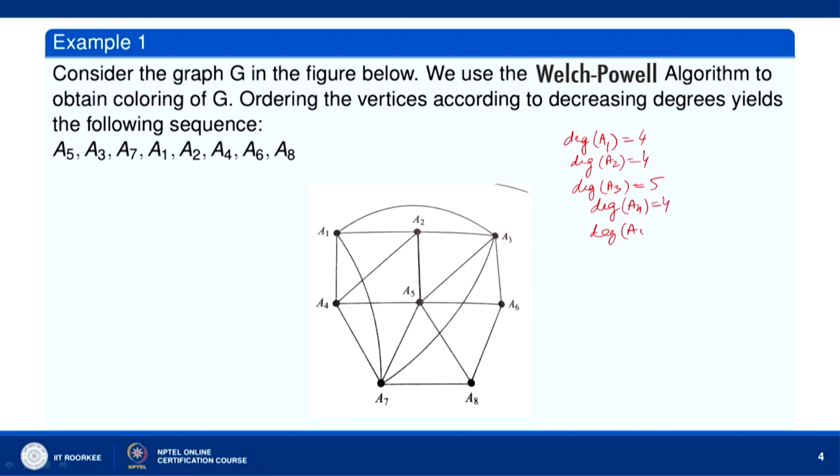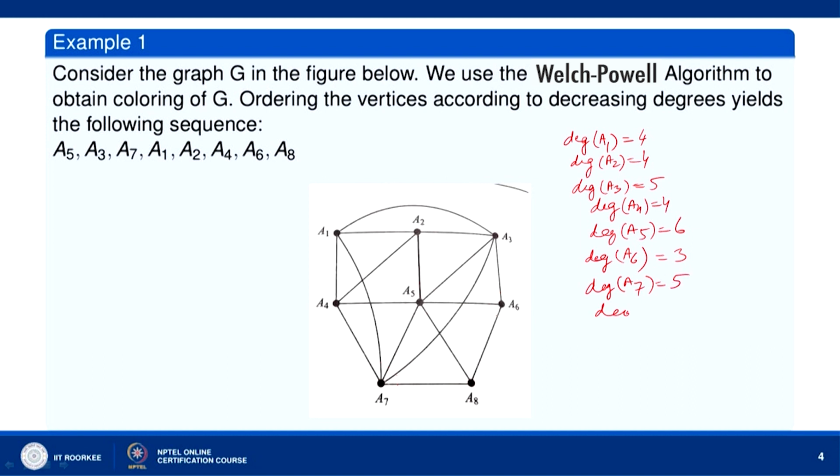Degree of A5: you see 1, 2, 3, 4, 5, 6. Then degree of A6: here 1, 2, 3. Degree of A7 is 1, 2, 3, 4, 5.